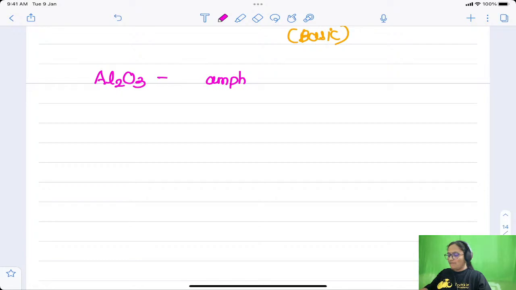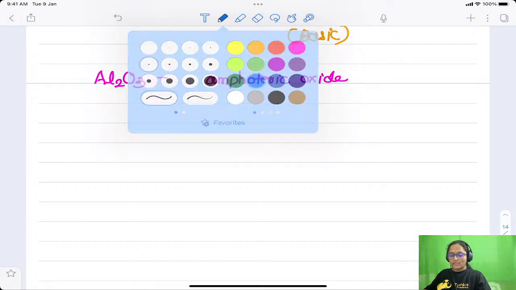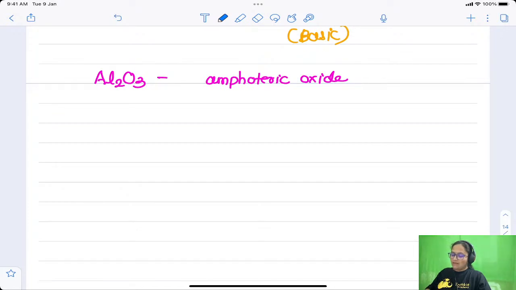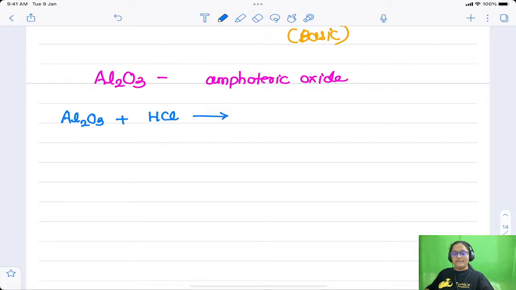That means we are going to write down the reaction of this aluminum oxide with acid as well as base. So let us take Al2O3. Let us treat it with HCl. Aluminum oxide when treated with HCl, HCl is a strong acid, right?